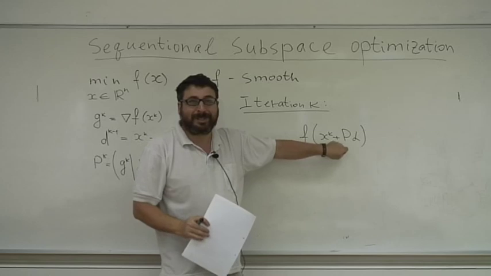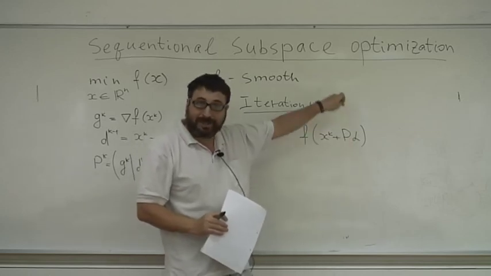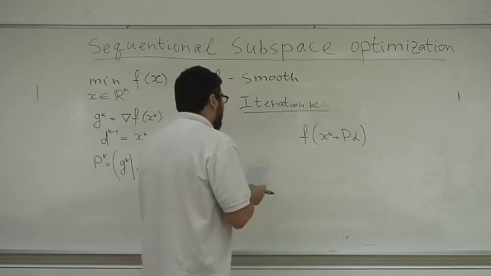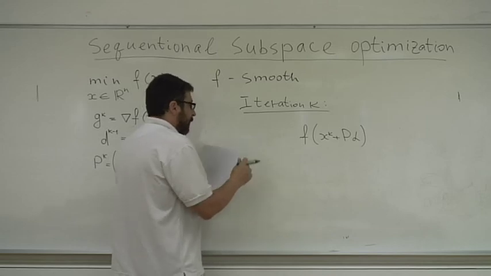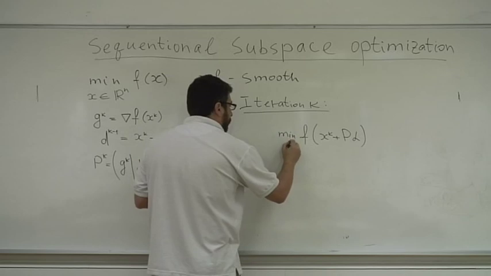If you remember linear algebra, this is a sum of alpha times the columns of the matrix P. And I would like to minimize it over alpha.